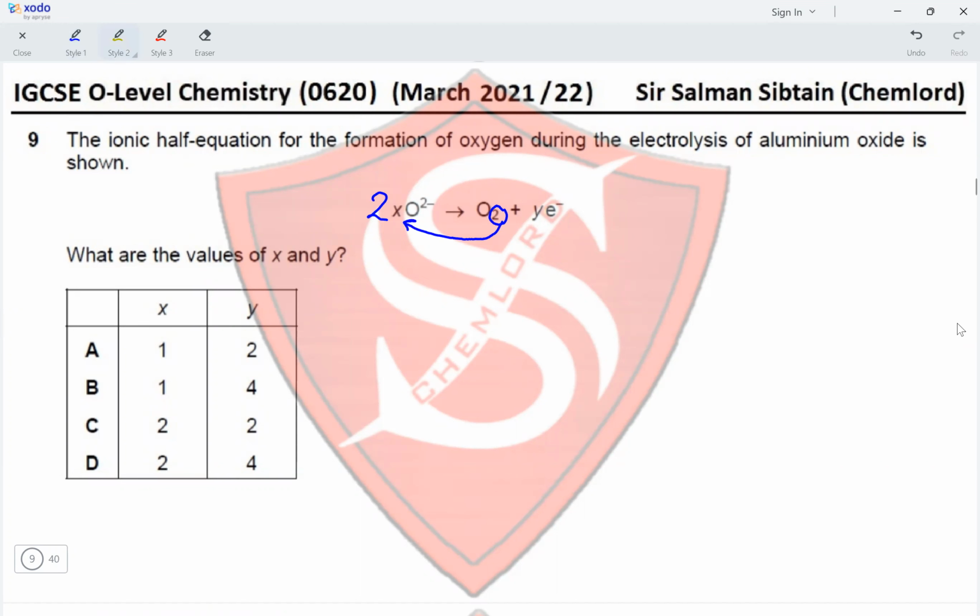And since we've got a charge of -2, 2 times -2 would give us a charge of -4. Therefore, the value of X is 2 and the value of Y is 4, making option D the correct option for this question.